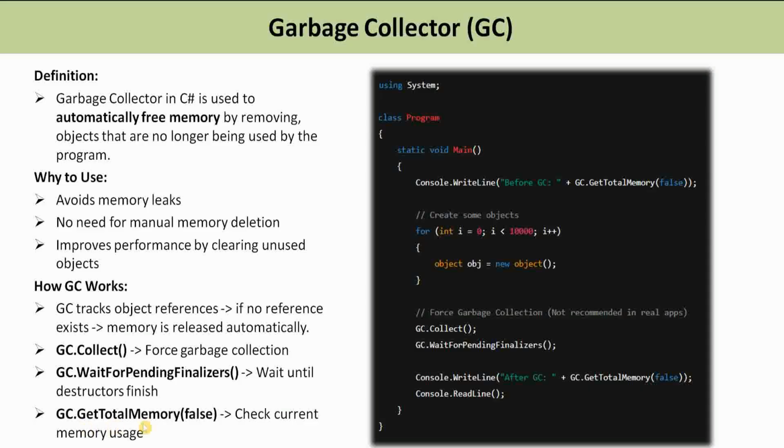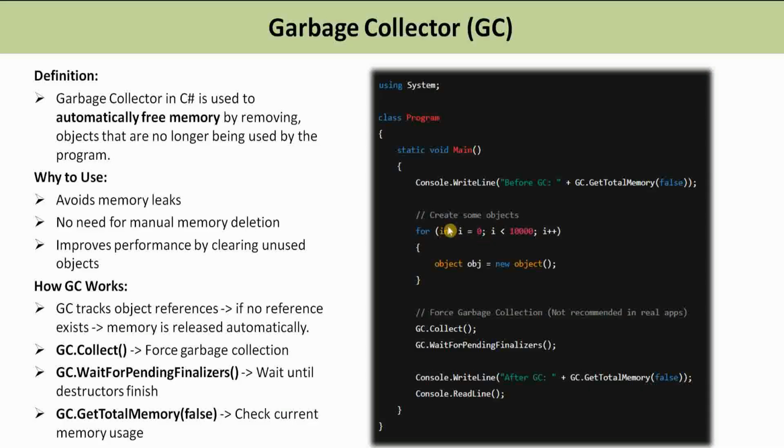Next, if we want to check at the start of the application and at the end what the memory usage is, and after the execution of the program how much memory was released by the garbage collector, we use a method to check current memory usage. So here we have one example. Suppose at the start we use the GetTotalMemory method to check what memory size we are currently using.